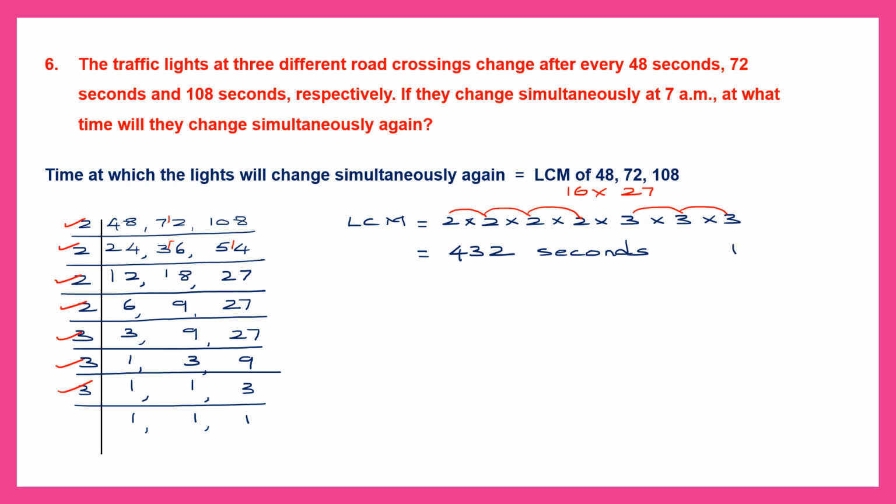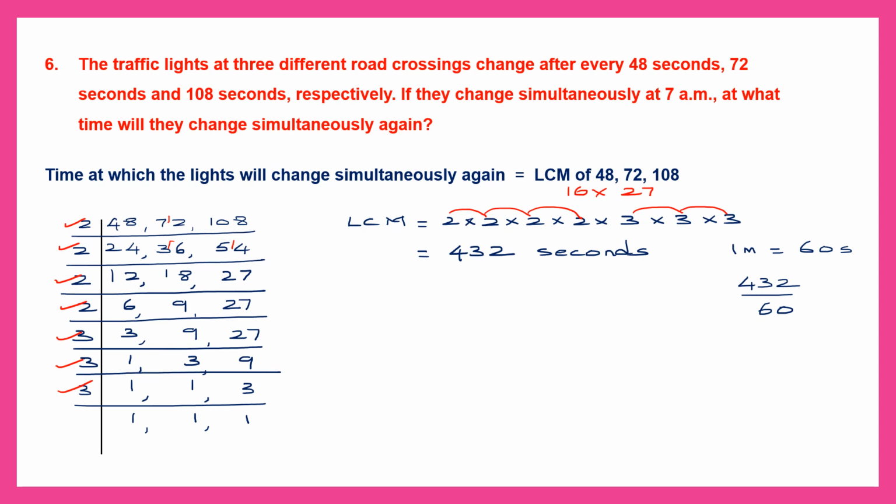We say in 1 minute we have 60 seconds, isn't it? So to find out how many minutes there are in 432 seconds, we have to divide 432 by 60. We have to divide this and we'll know how many minutes there are in this.